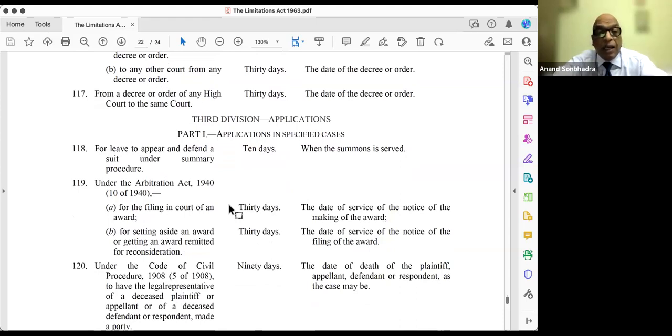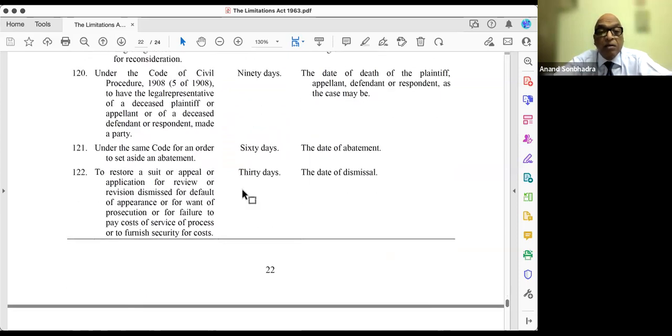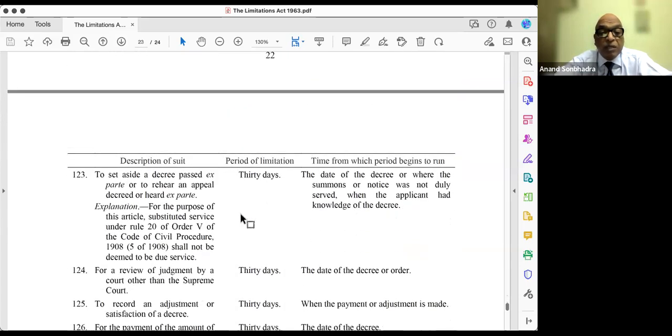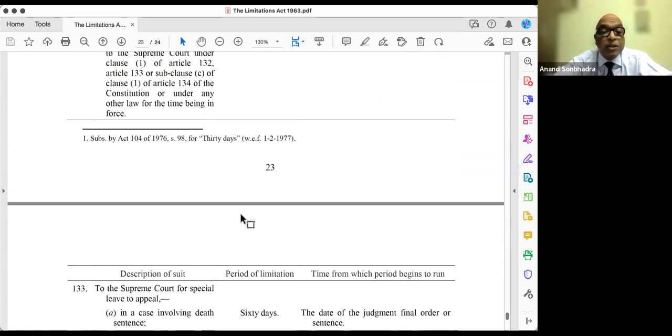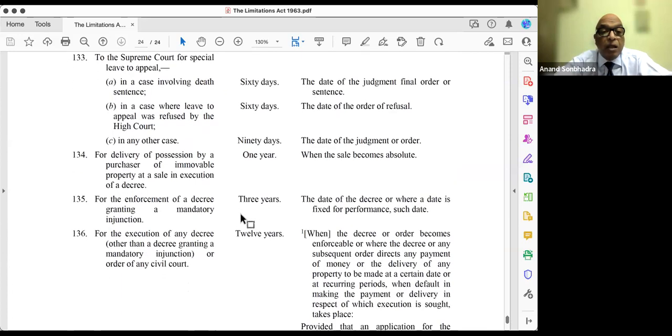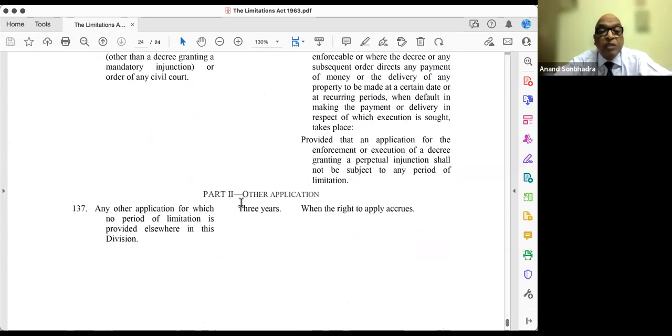And the last division covers applications. Part 1 covers applications in specified cases and gives the timeline there, ranging from 30 days to 90 days. And what is more important is the last part of it here, part 2, which deals with other applications. And this is Article 137, which says any other application for which no period of limitation is provided elsewhere in this division.